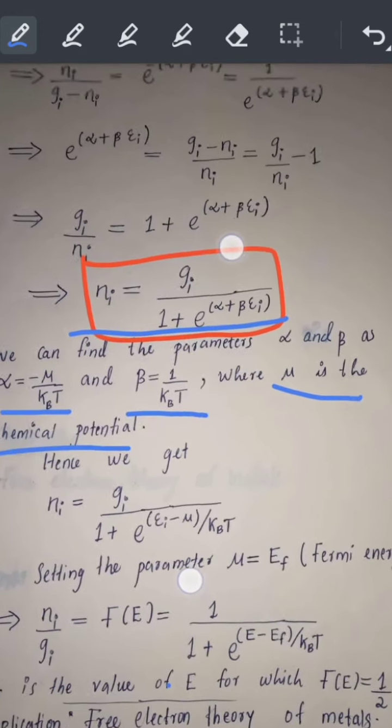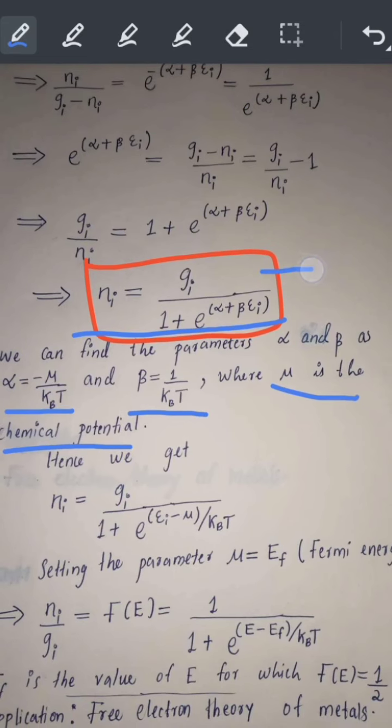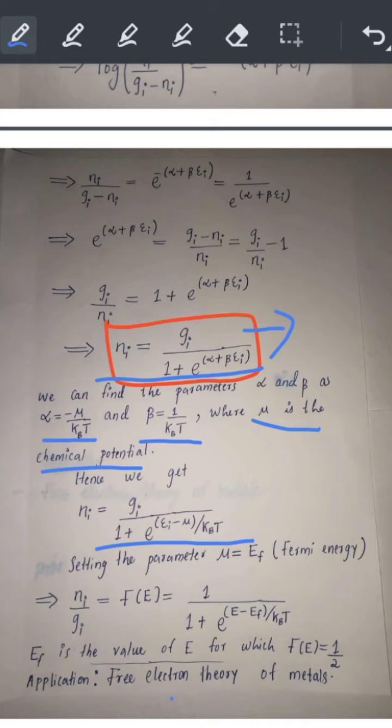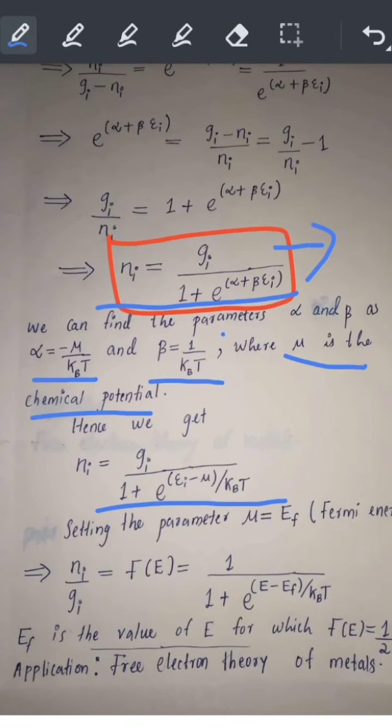So on putting this alpha and beta in this expression, we get ni is equal to gi over 1 plus e to the power ei minus mu over kBT. We can set this parameter mu equal to Ef, and Ef is called the Fermi energy.